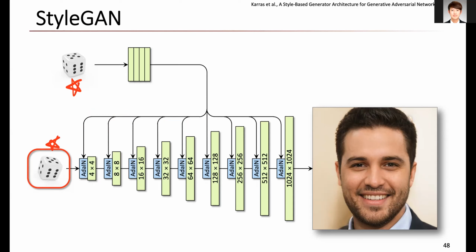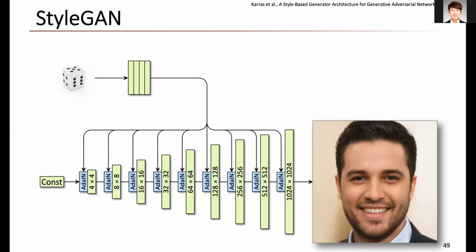So they just fix this content vector as a constant value. Then they generate the images depending on this style relevant random noise. So it's just a constant value. I mean, they randomly define the constant vector and randomly sample this style relevant vector.